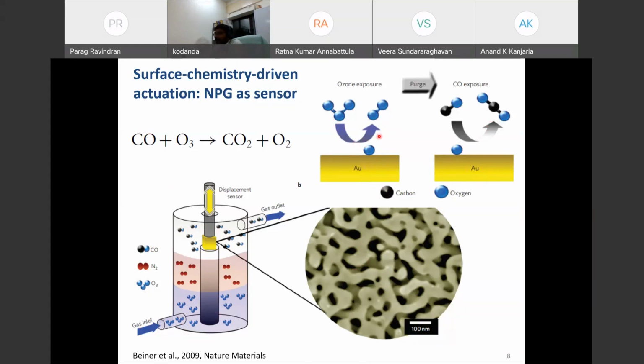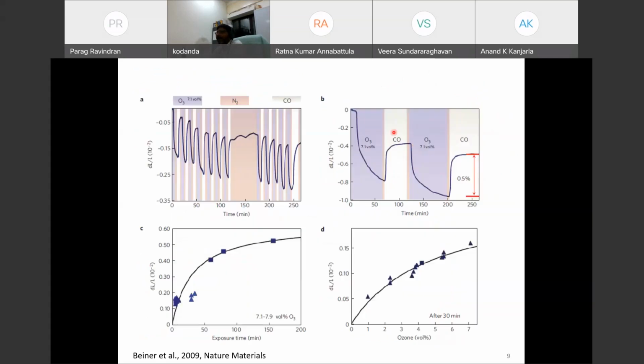This process changes the charge on the surface when the oxygen atom is adsorbed and then desorbed. As a result, they have also seen a reversible behavior here. Of course, they have to use some nitrogen purging periods in between so that you can completely remove all the adsorbed oxygen. But you can see that using chemical reactions can also be used either for sensing applications or as a means of actuation in small structures.